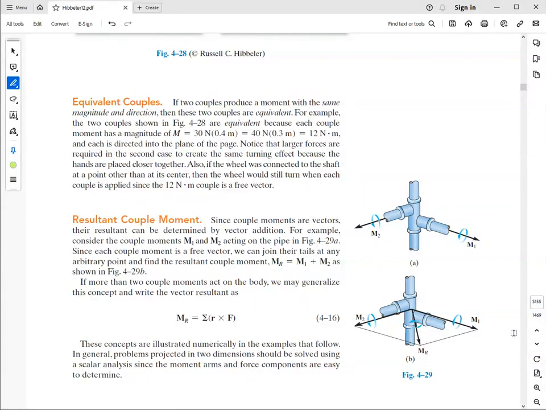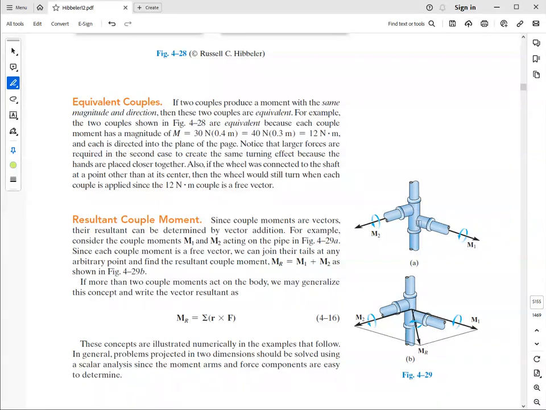So you can move the couple moment parallel to itself, and the effect would be the same overall upon the body. Here's an example. I have this system of pipes, and I have two moments, M1 and M2, and I can find the resultant moment by just adding these as vectors.